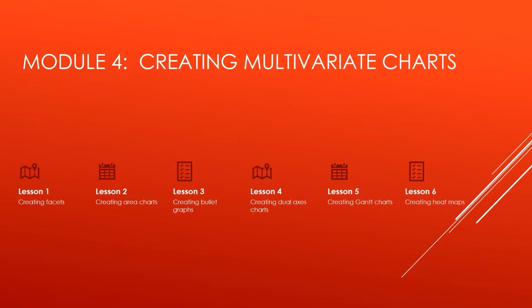In Module 4, we created several multivariate charts. We started by creating facets, also known as small multiples, where we ended up having sales, profit, and quantity by subcategory in our small multiples graphs.